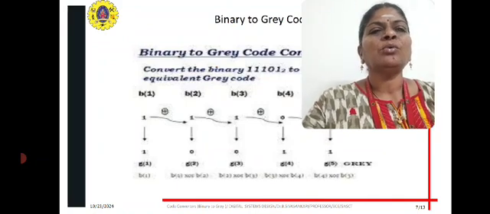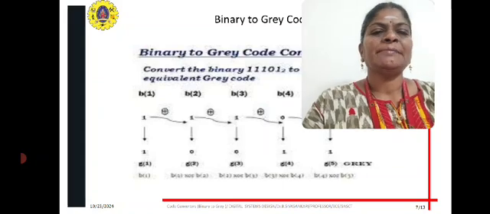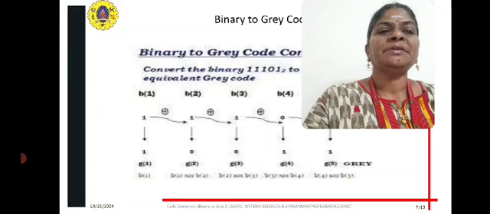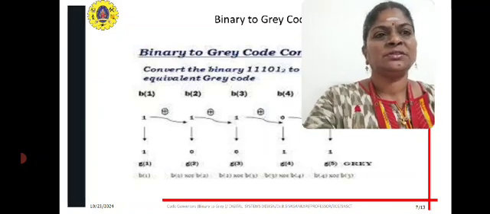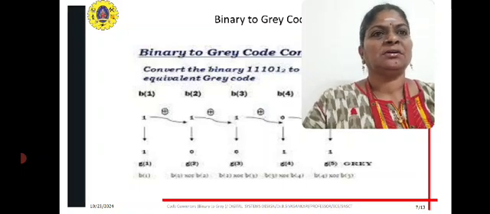Now we are going to convert binary to gray. Binary can be represented as B0, B1, B2, B3, and gray can be represented as G0, G1, G2, G3. Whatever it is, the variables depend on user convenience.